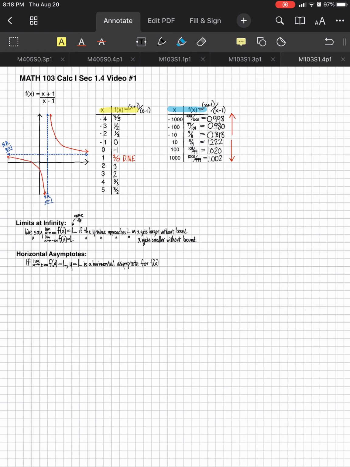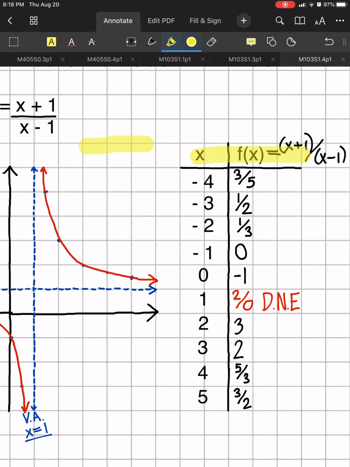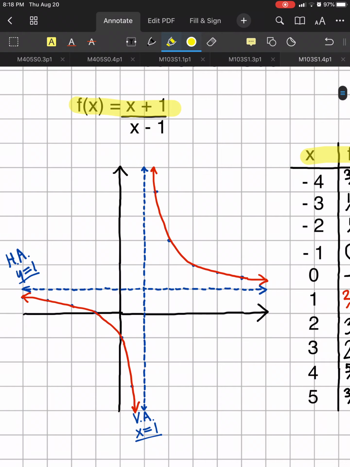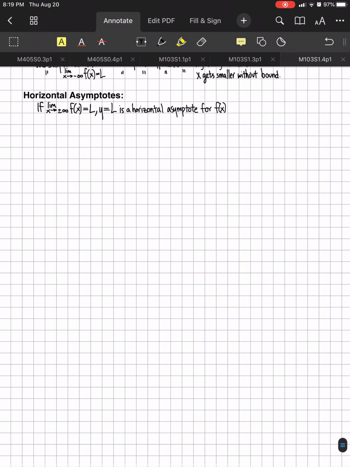If you have a function like the one we have up above, like this one right here, you can't really have two horizontal asymptotes. You have to set up something a little bit weirder, because for a function like this, the limit as you go toward infinity or towards negative infinity is going to be the same. And we'll see that here in a second when we get to the rules about limits at infinity. In fact, let's do that right now.